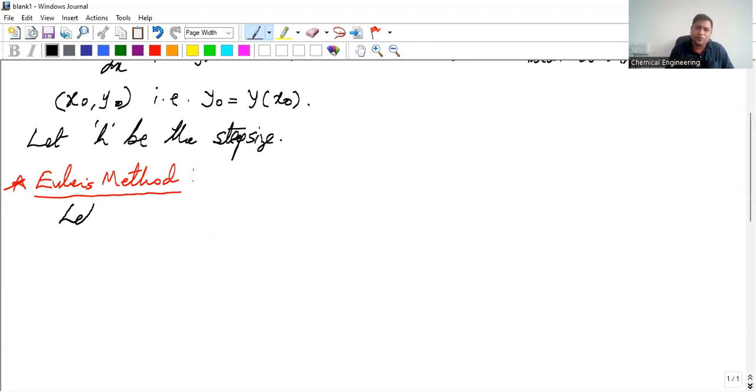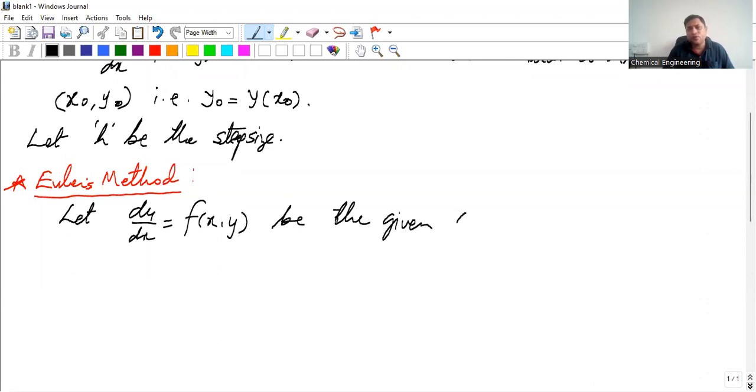Let the given differential equation dy by dx equal to f of x, y be the given ordinary differential equation with the initial conditions x0 and y0. So what we are doing here, we have the point x0, y0.